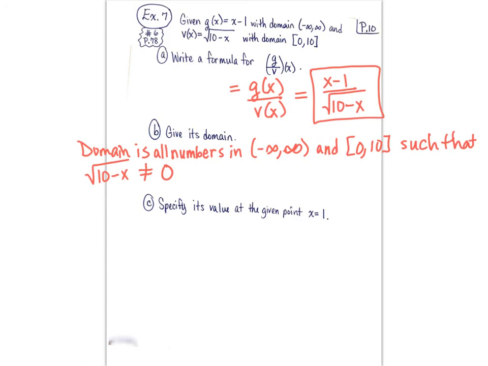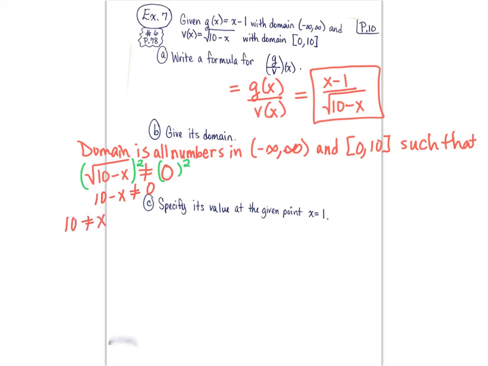Well, we say the square root of 10 minus x is not equal to 0 because we cannot divide by 0 here. So if we solve this, if we take the square of both sides, that means we have 10 minus x cannot equal 0, or that gives us 10 cannot equal x.